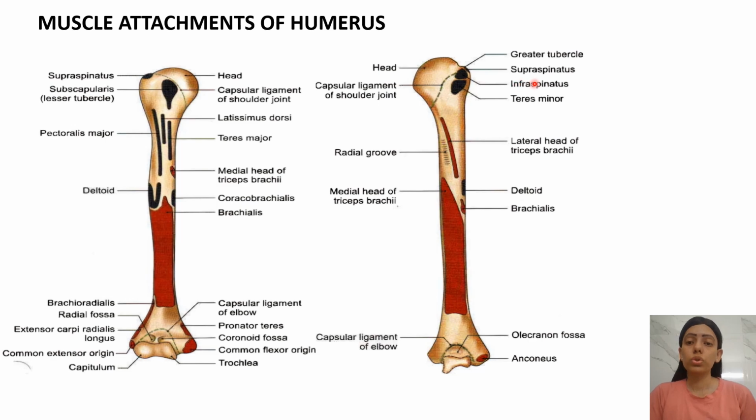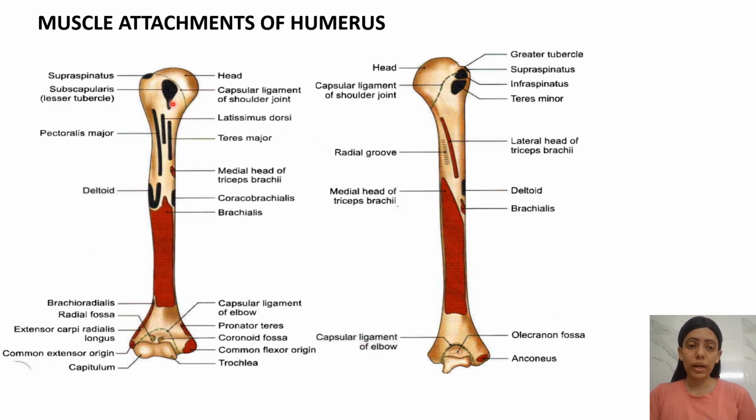Okay, so supraspinatus is inserted into the upper impression of greater tubercle, infraspinatus on the middle impression, and teres minor on the lower impression. Then we will see about the intertubercular sulcus. Lateral lip of intertubercular sulcus has insertion of pectoralis major, latissimus dorsi on the floor of intertubercular sulcus, and teres major on the medial lip of intertubercular sulcus.